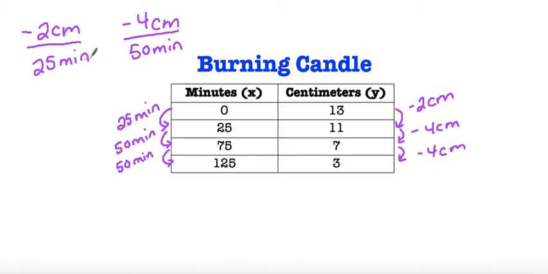So if we look at these two rates, we could actually see that they're equivalent because negative 2 centimeters in 25 minutes, if this happened twice, it would be negative 4 centimeters over 50 minutes. So these two ratios are equivalent, and we could also see that negative 2 times 2 is negative 4, and 25 times 2 is 50, making these two rates equivalent.